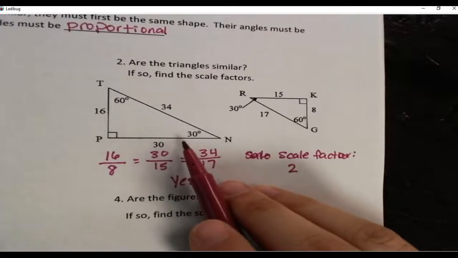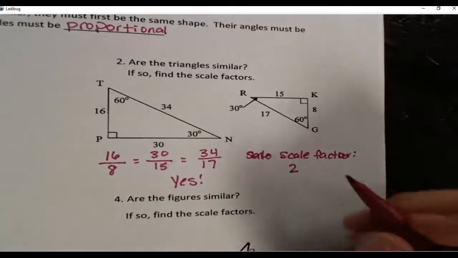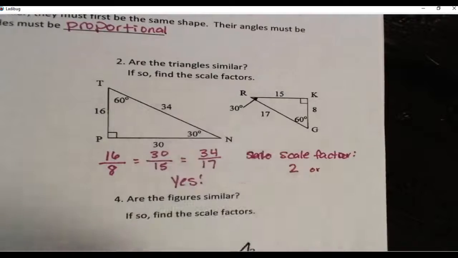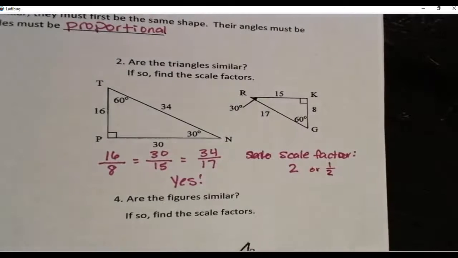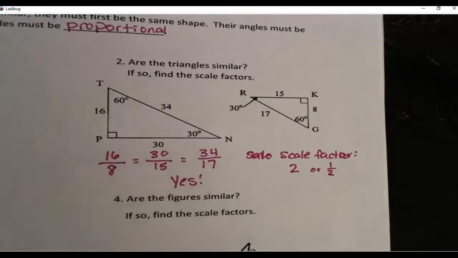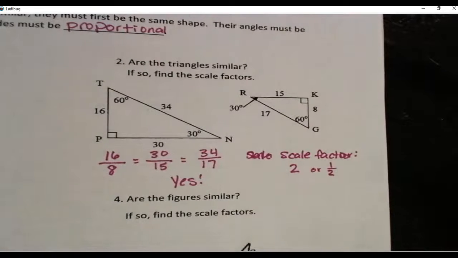But if I'm going from the bigger one to the smaller one, what would be my scale factor? 1/2. Good. So if it doesn't tell you which one is the original, you just put them both. So if you go big to small, your scale factor is going to be like a fraction. If you're going small to big, it could still be a fraction, but it'll be like a bigger number.